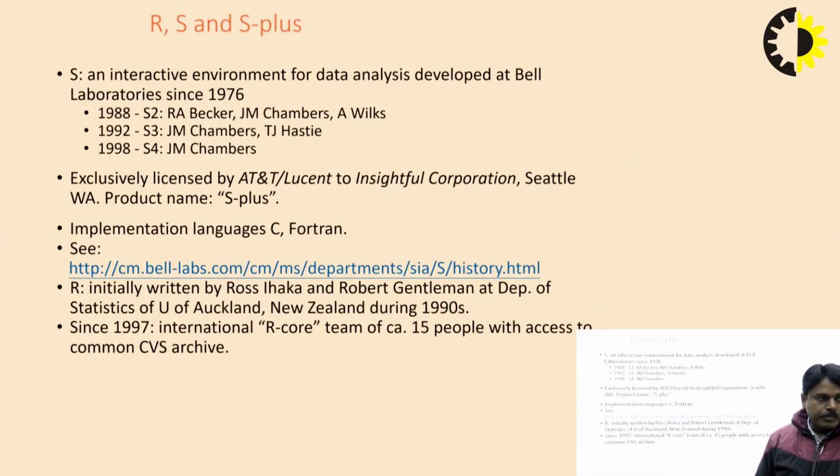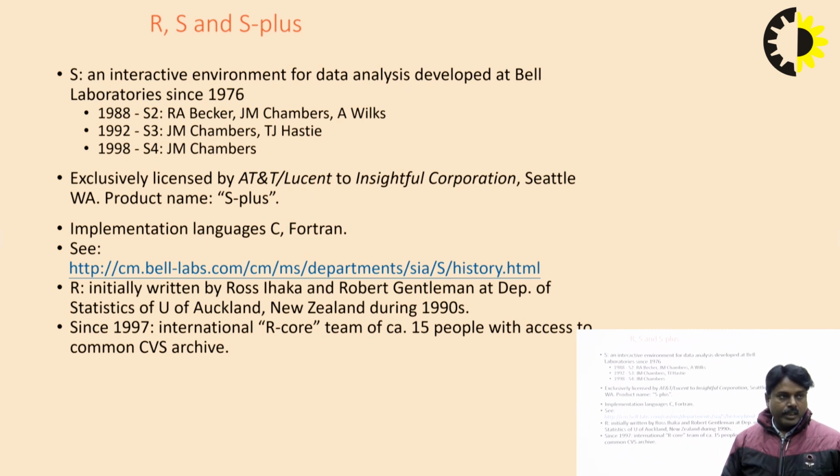Now, as we know, this is a programming language, and the R programming language is a descendant of S programming. Much of the features and facilities of S programming, which is a very interactive data analysis tool developed by Bell Laboratories in 1976, were introduced.